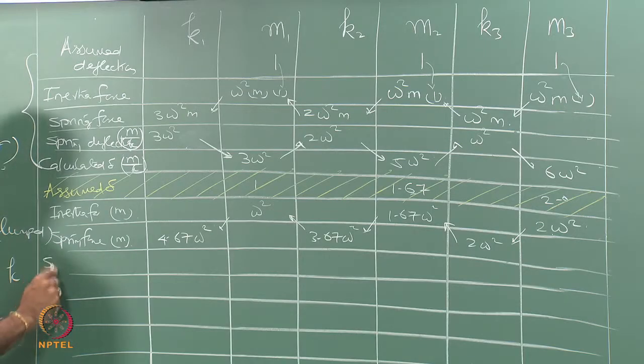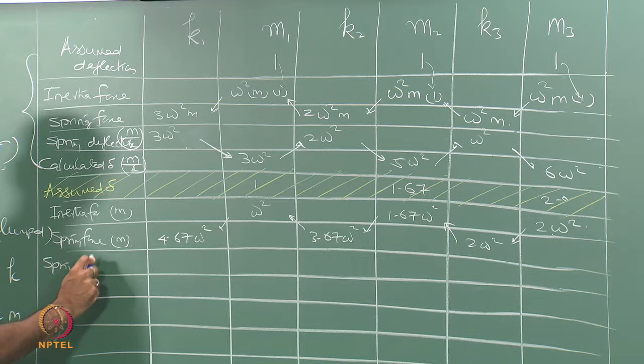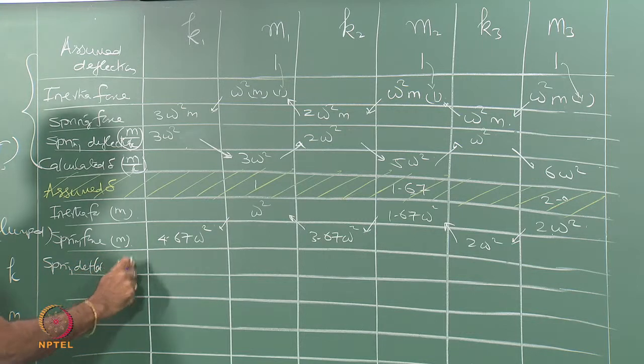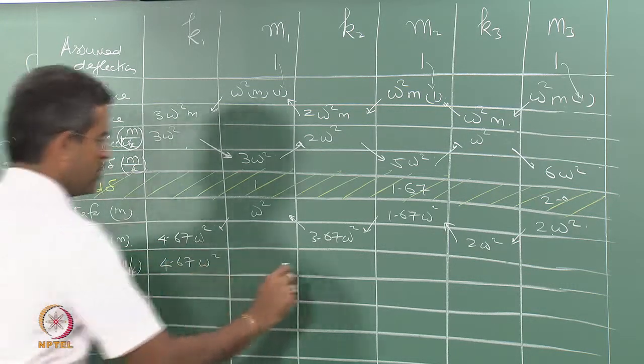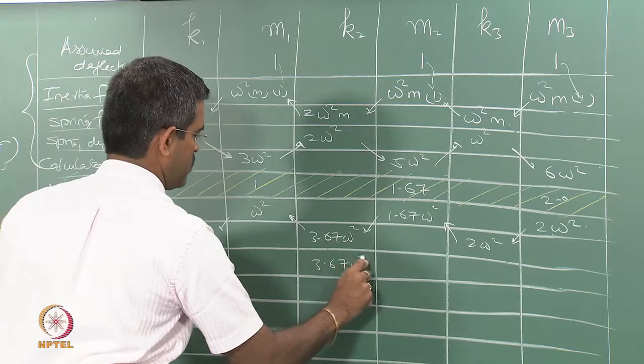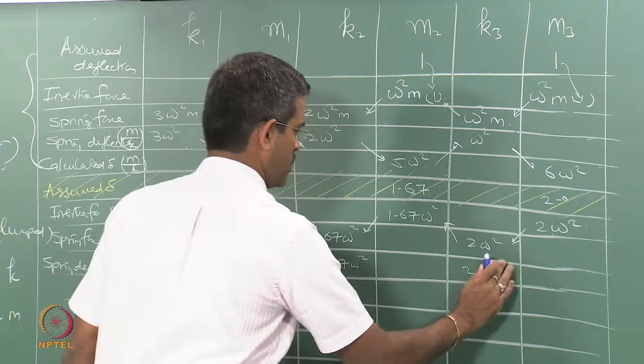I want to find the spring deflection. I take m by K out here. So, 4.67 omega square, 3.67 omega square, 2 omega square.